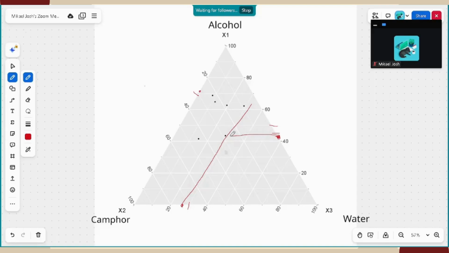Next is for our alcohol. Then for our camphor. Then we mark the intersection of these three lines. We already marked it. So this is our first sample, sample number 1.